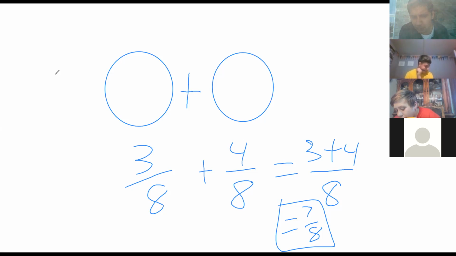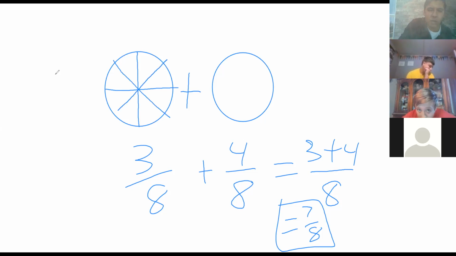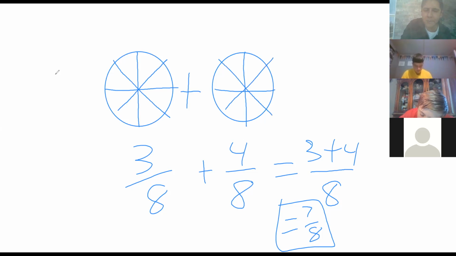Can anybody remember what that 8 represents? Remember, that's however many slices we're going to split the circle up into. So in this case, we have 8.